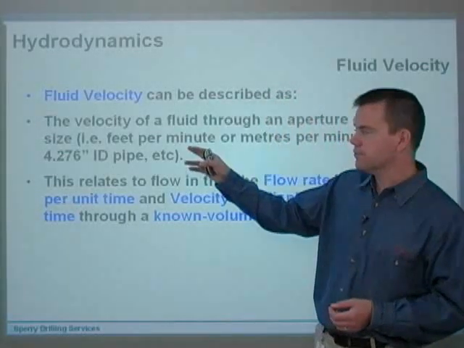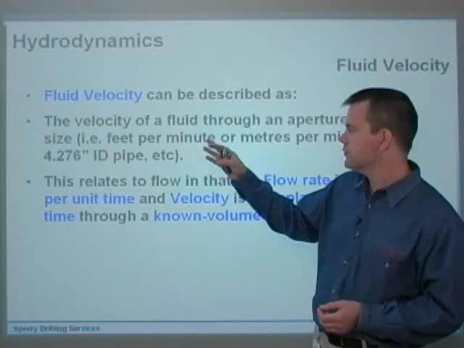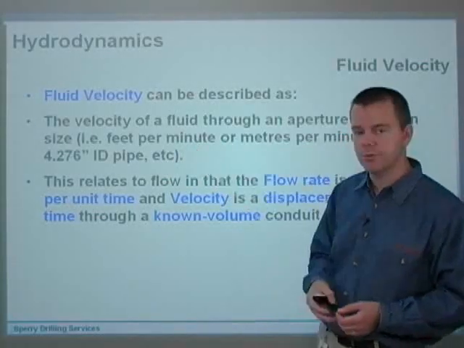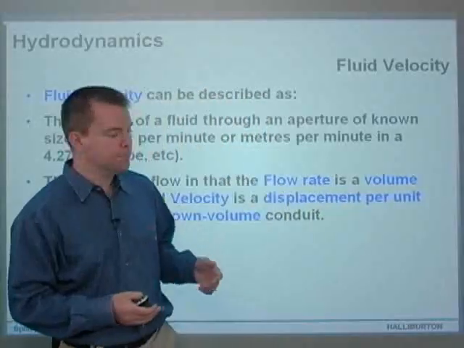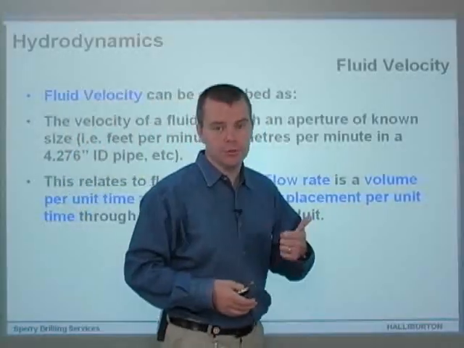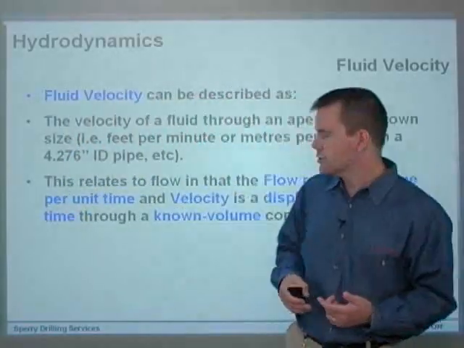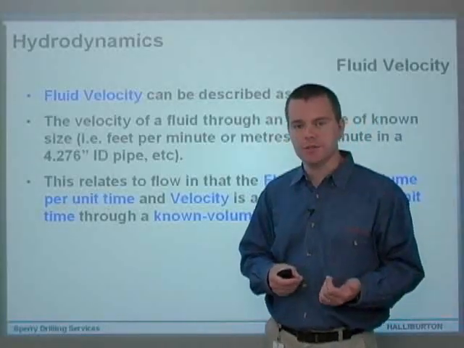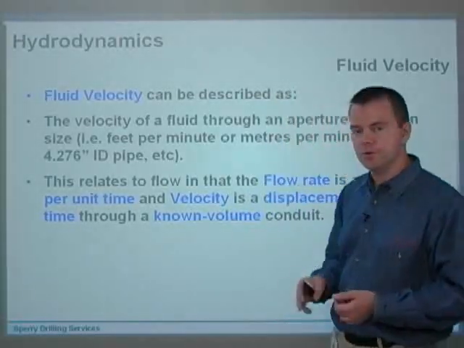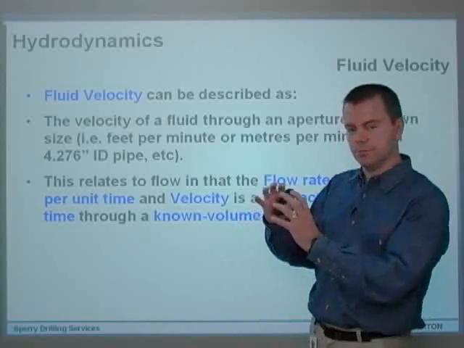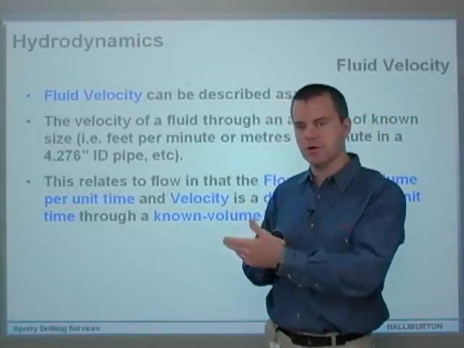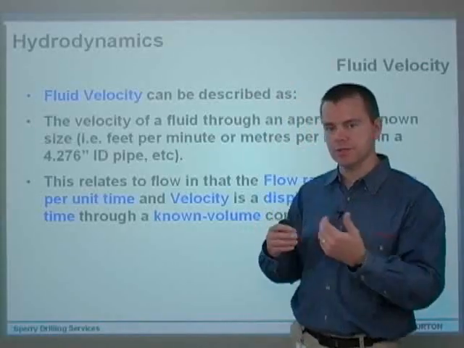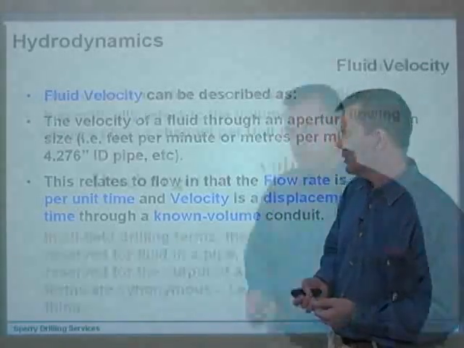And you'd express the fluid velocity through that aperture in feet per minute or meters per minute. And it relates to flow in that the flow rate is a volume per unit time, and velocity is a displacement per unit time through a known volume. So you know the volume that you're pumping something through, and you know the velocity of it, and the velocity is basically a displacement per unit time.